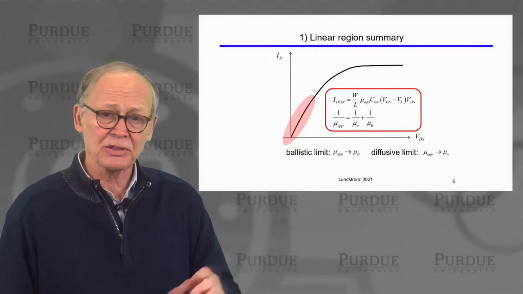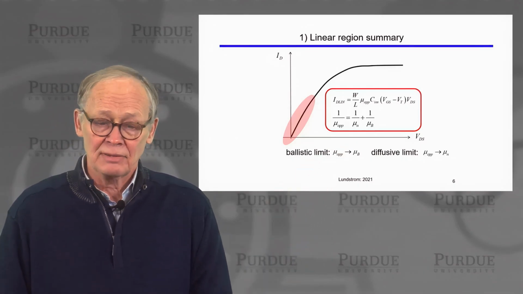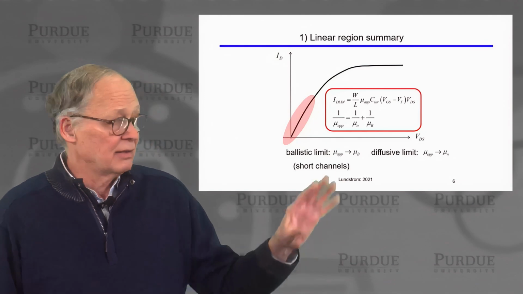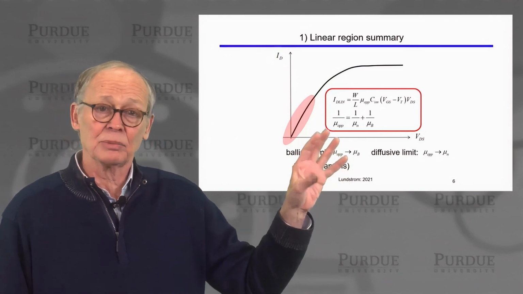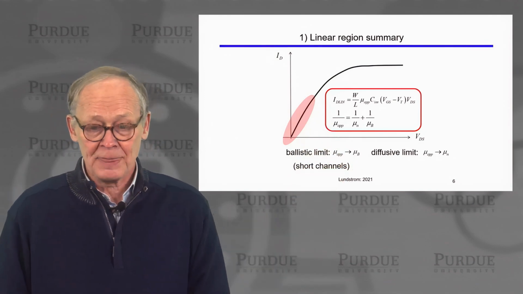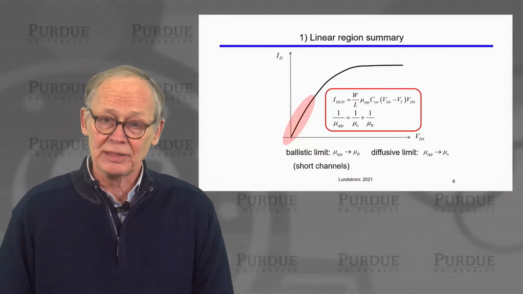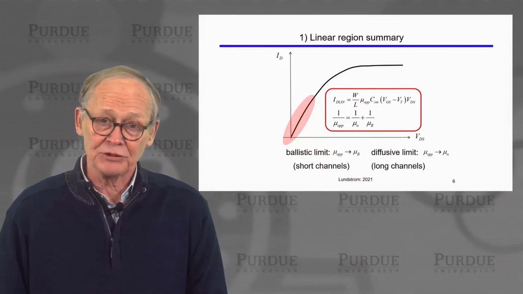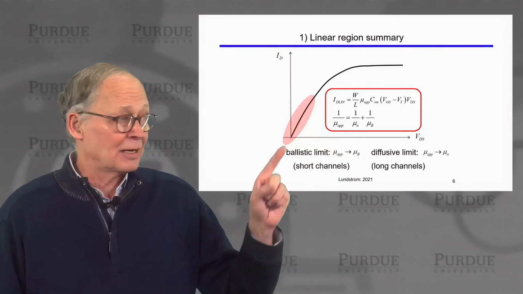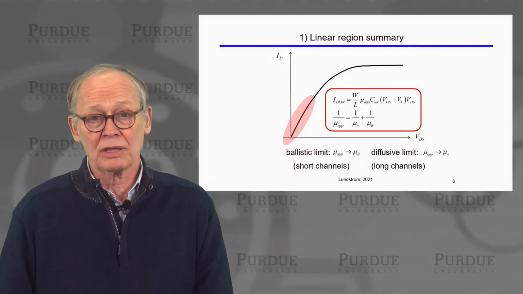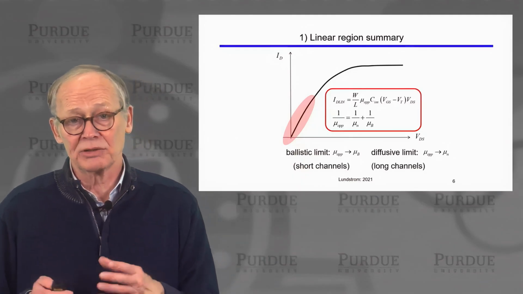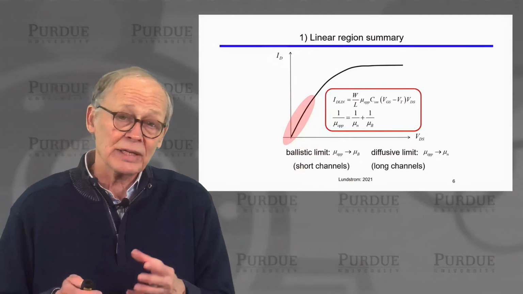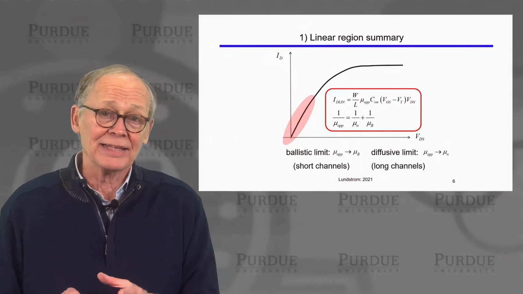If we go to the ballistic limit, very short channel lengths, then that apparent mobility will approach the ballistic mobility. If we go to the diffusive limit, very long channel lengths, many mean free paths long, that apparent mobility will approach the diffusive, the traditional mobility. And if we're in between, we'll get something in between.